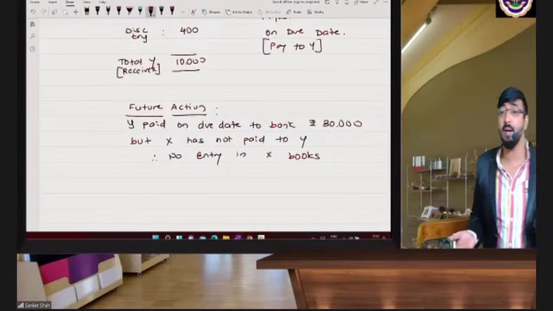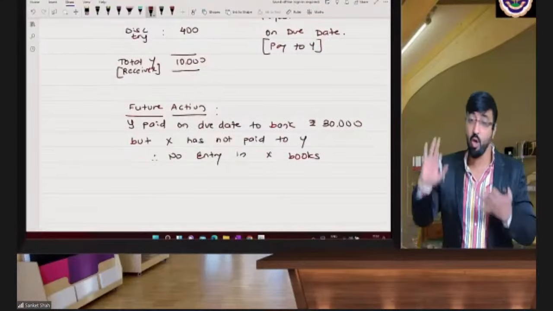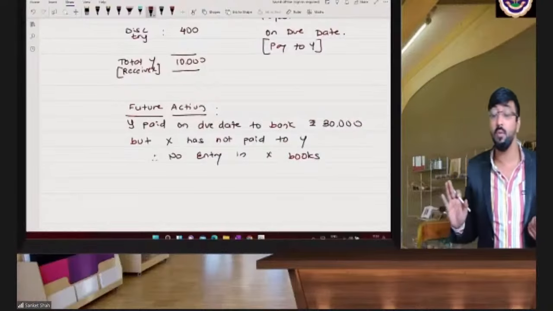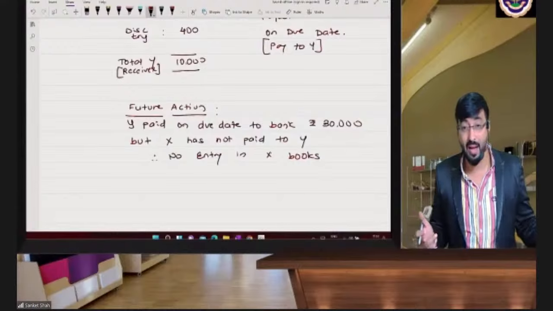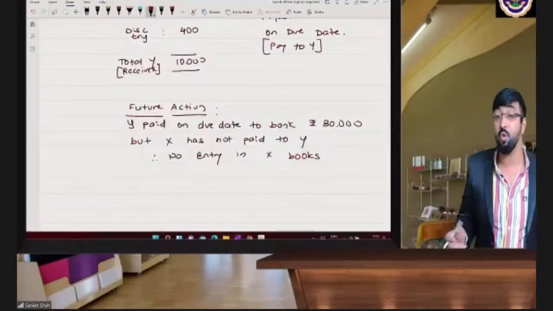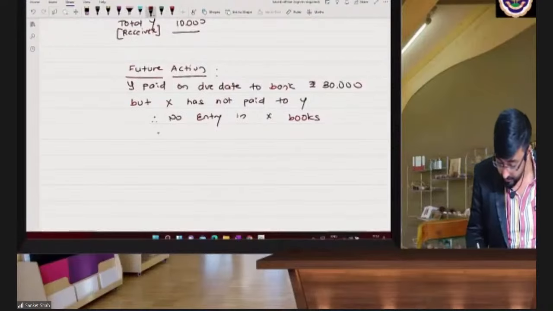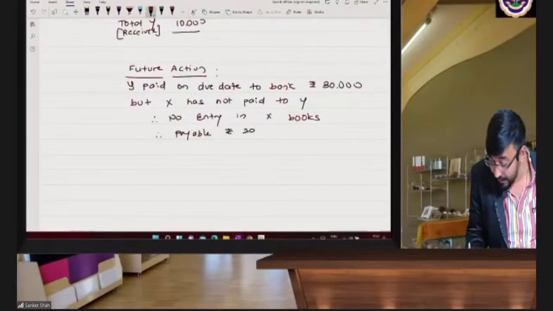X has not paid that 20,000. The bill is with the bank. Dishonor entries are by Y only. X has to pay to Y, but X has not paid. Therefore, still payable rupees 20,000.